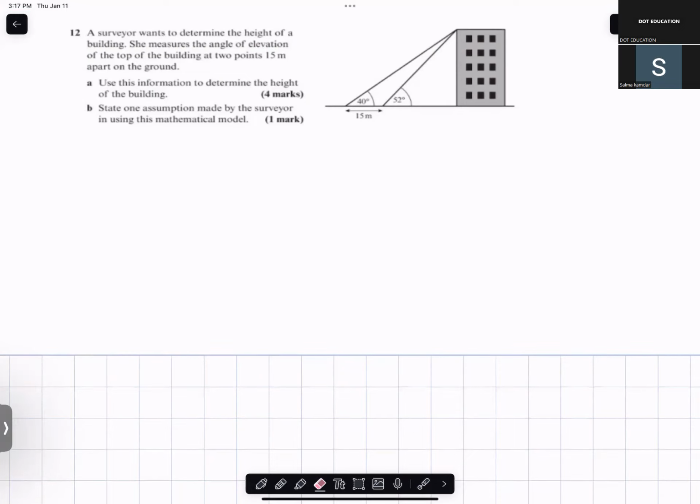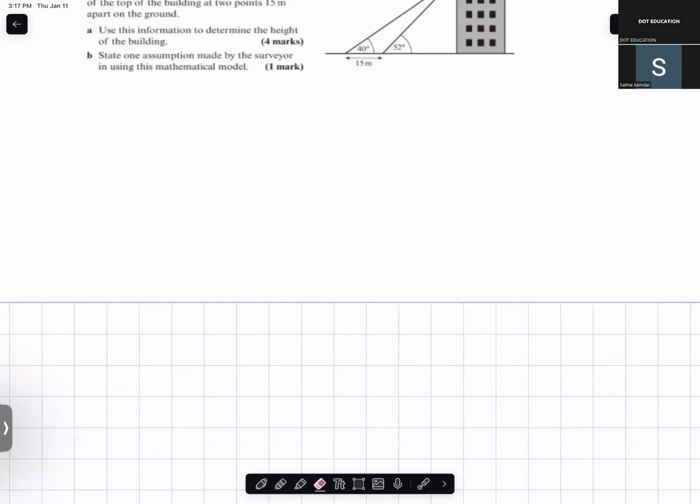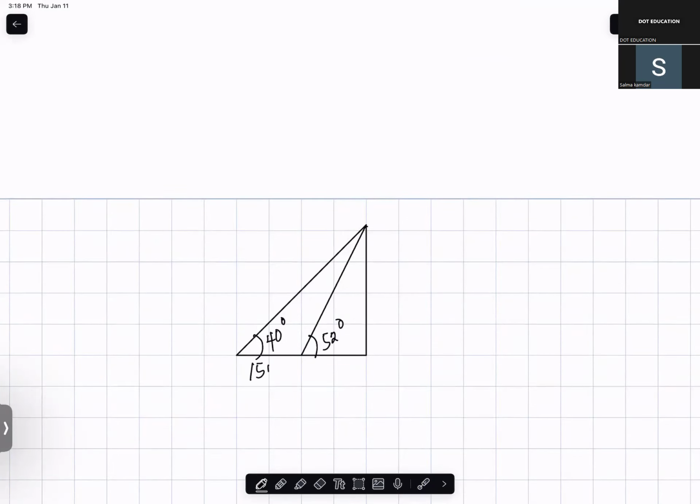I'm going to bring this triangle down here. Okay, then we have this angle here, which is 52 degrees. And we have 40 degrees here. And we have here as 15 meters.